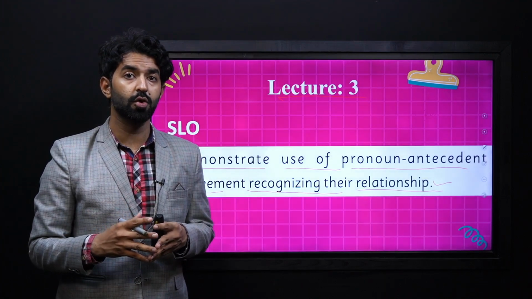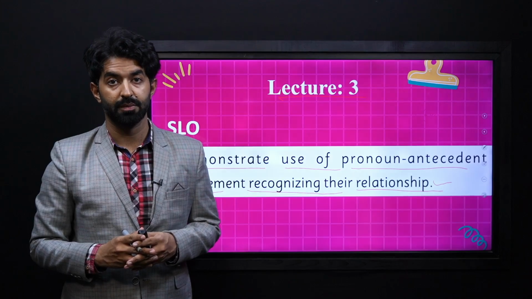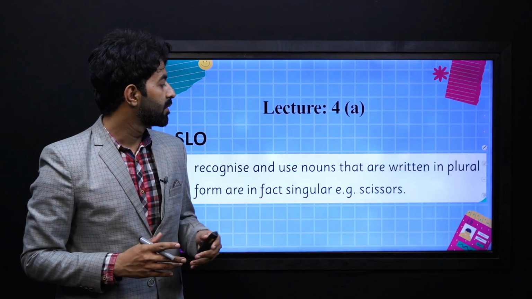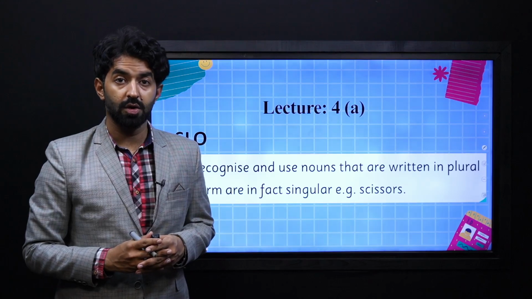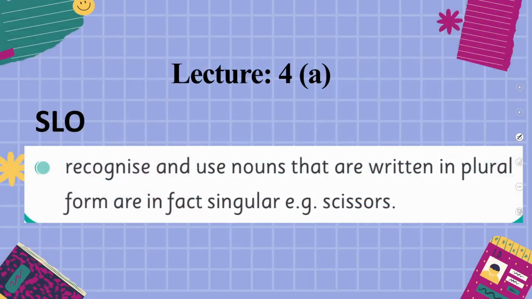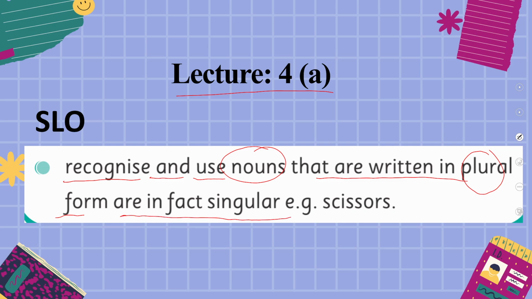We will be exploring this in our lecture number 3. Now, let's talk about our lecture number 4. It's also divided in 2 parts. In lecture 4A, the SLO is recognize and use nouns that are written in plural form but are in fact singular, for example scissors.